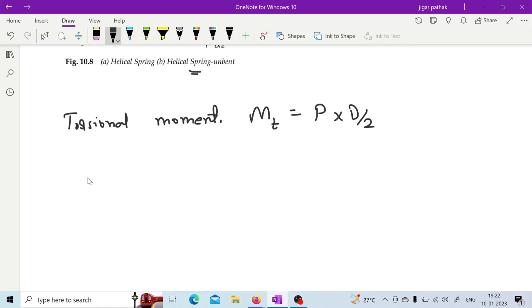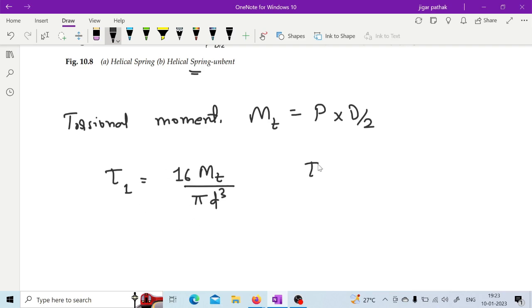So once you have torsional moment with you, then from the theory of pure torsion you know how stress is related to this torsional moment, right? This stress can be given by 16 times T upon pi d cube. You know from where it has come.